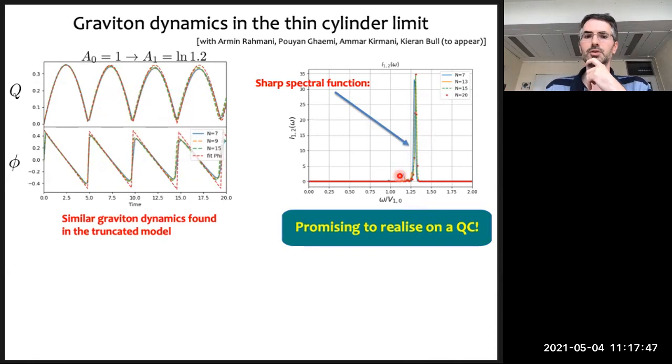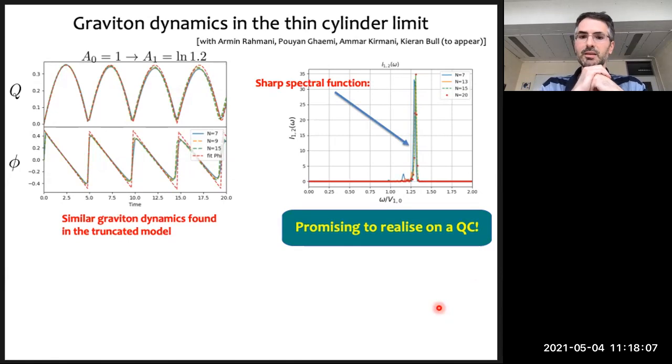The problem with just going ahead and putting this on a quantum computer is that once you start doing this, you realize how hard it is to actually get useful results for quantum many-body dynamics on the quantum computers that we have available at the moment.